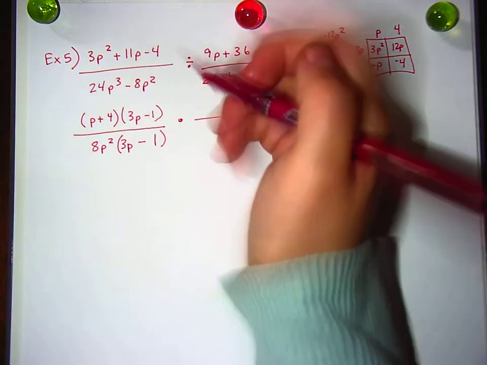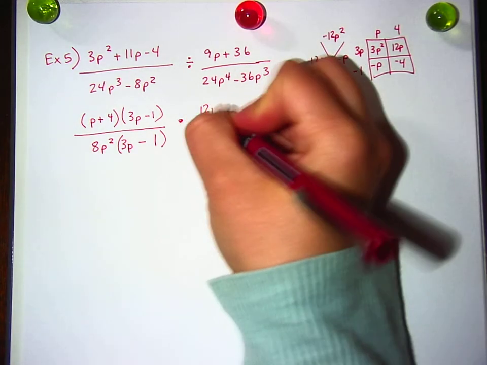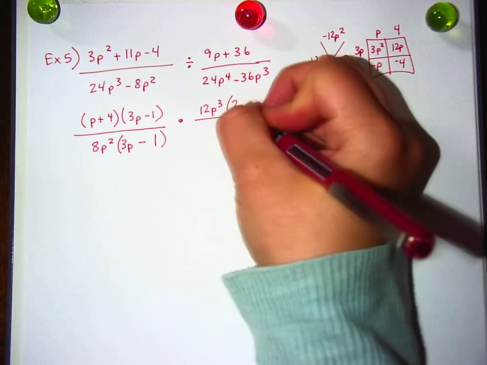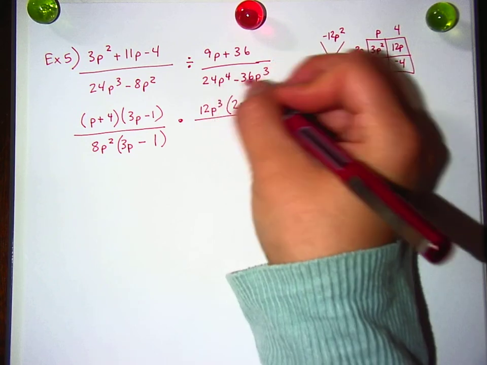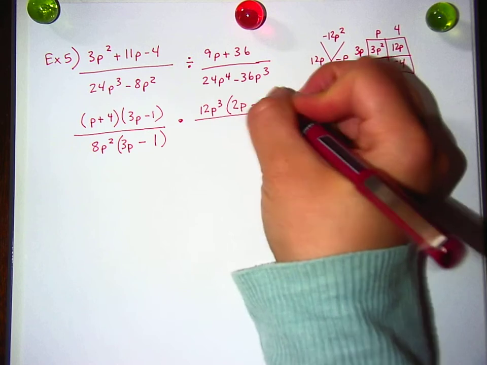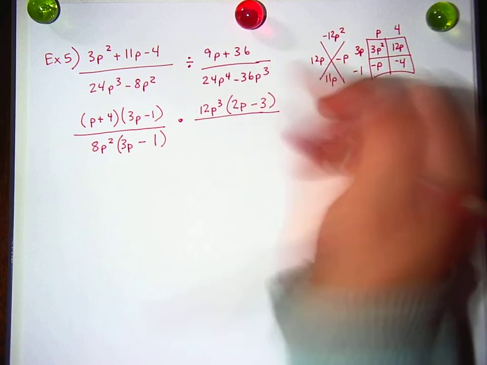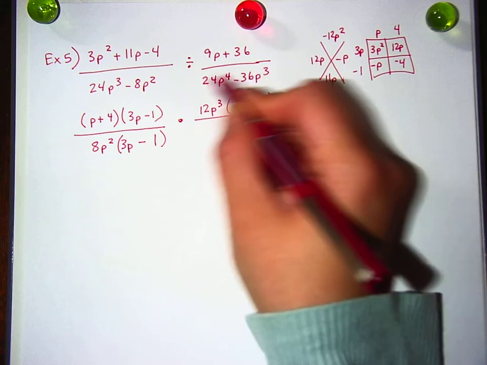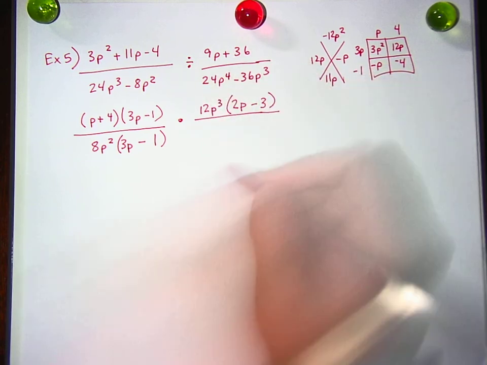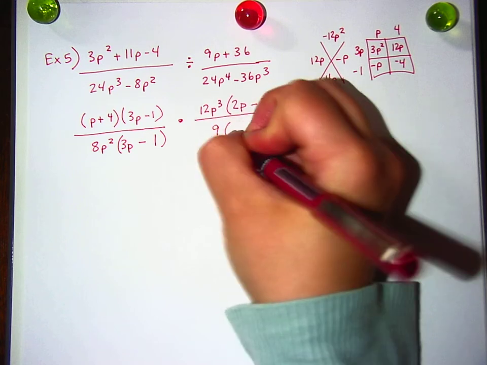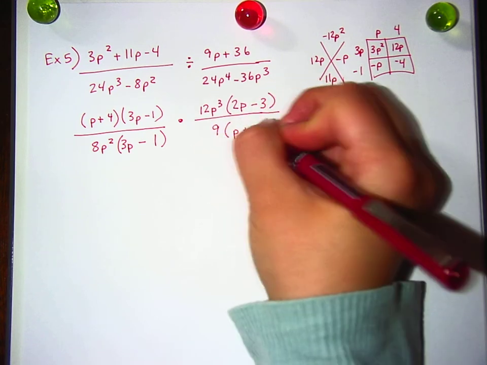That's probably the best choice. 12p to the 3rd, and I'm left with a 2p minus 3. So again, what I just did was factoring this part here. Then on the bottom, I'm also going to take out a 9, and I'm left with a p plus 4.